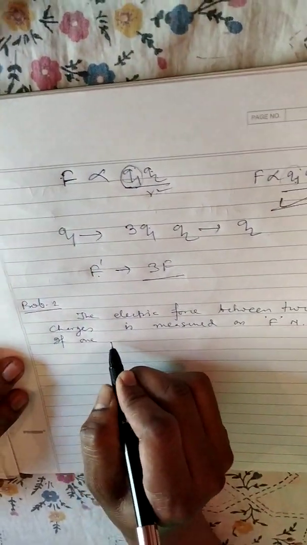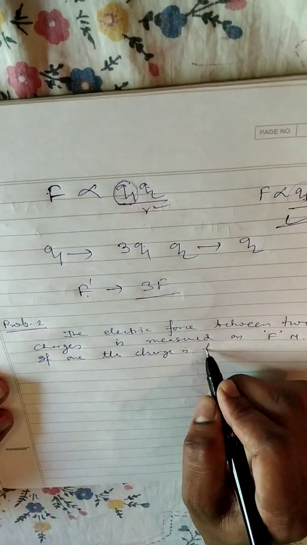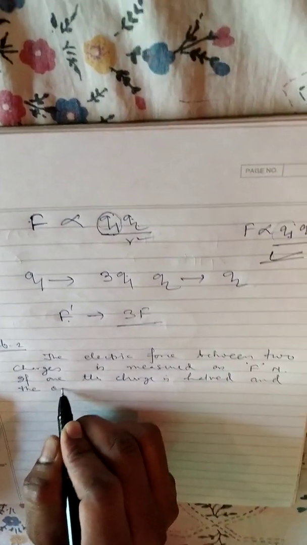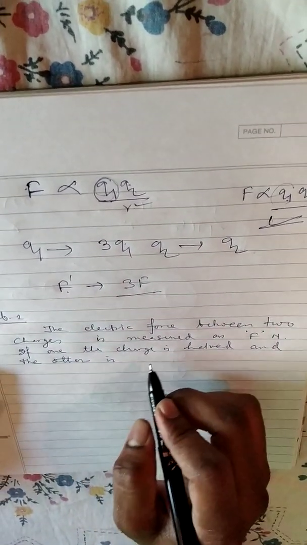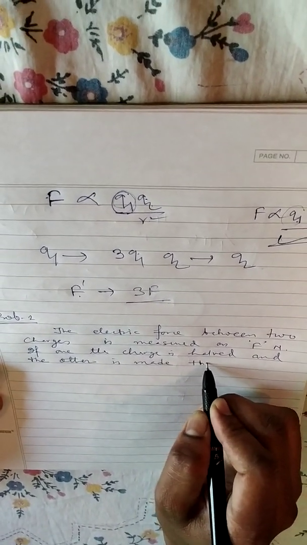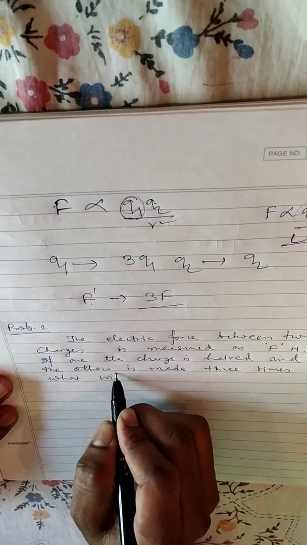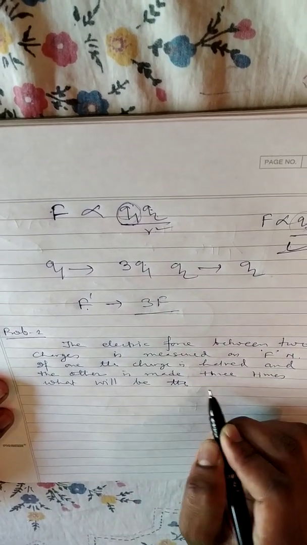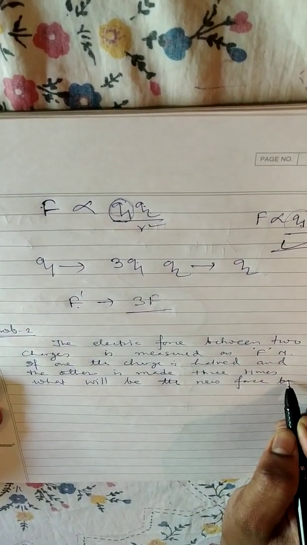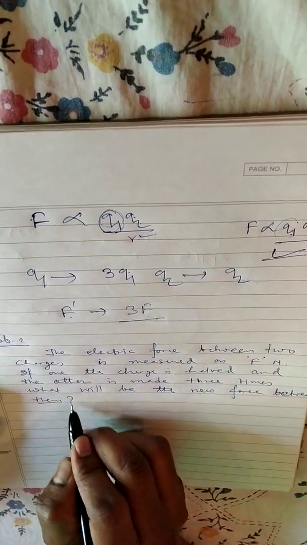If one of the charges is halved and the other is made 3 times, what will be the new force between them? I hope you can solve this problem.